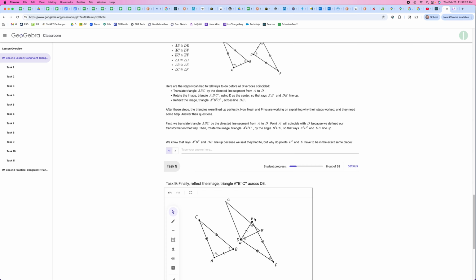So he's rotating this triangle counterclockwise. He doesn't know if it's counterclockwise or not. He's just saying that he's going to rotate it that way, until A prime B prime lines up with D, E. So the angle that he's rotating by is actually B prime, D, E.